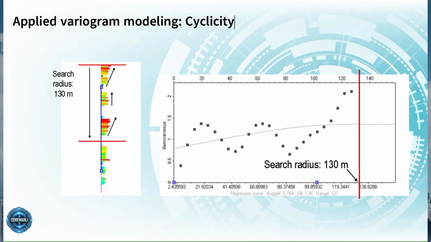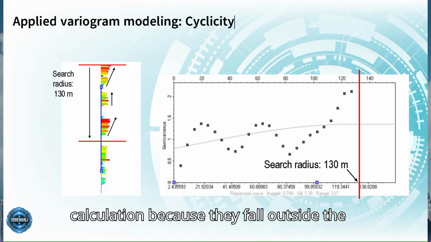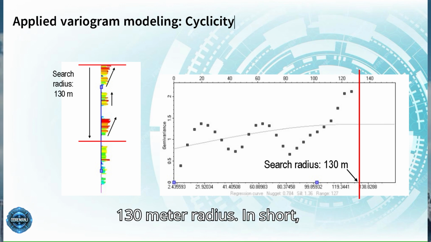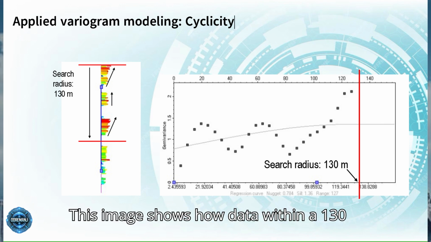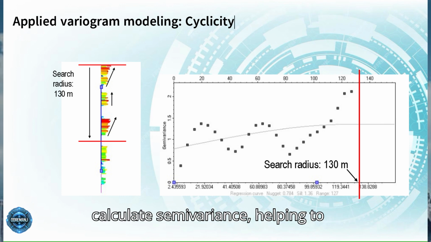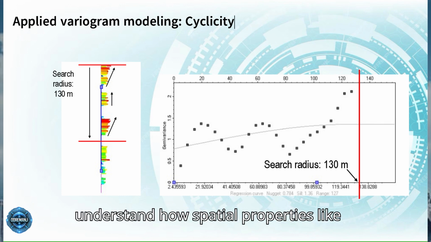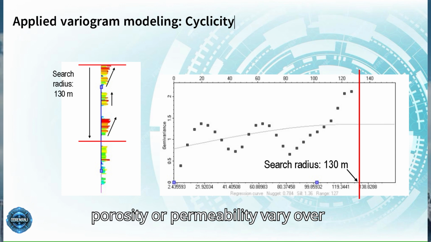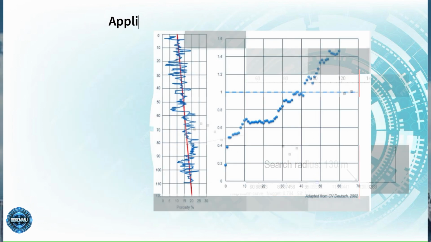Beyond this range, points are not considered in the calculation because they fall outside the 130-meter radius. In short, this image shows how data within a 130-meter window around a well is compared to calculate semivariance, helping to understand how spatial properties like porosity or permeability vary over that distance in the subsurface.